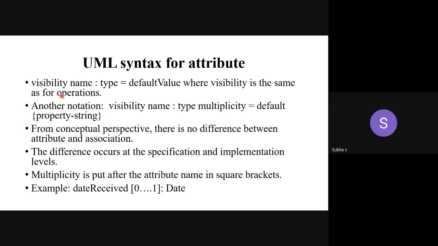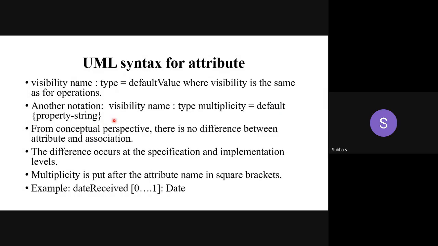Property string is used for mentioning a particular property of an attribute if needed. It's an optional one only. So these are the two ways of representing the attribute. Normally we are using the first syntax only. In general, you can know this one also: multiplicity equal to default.